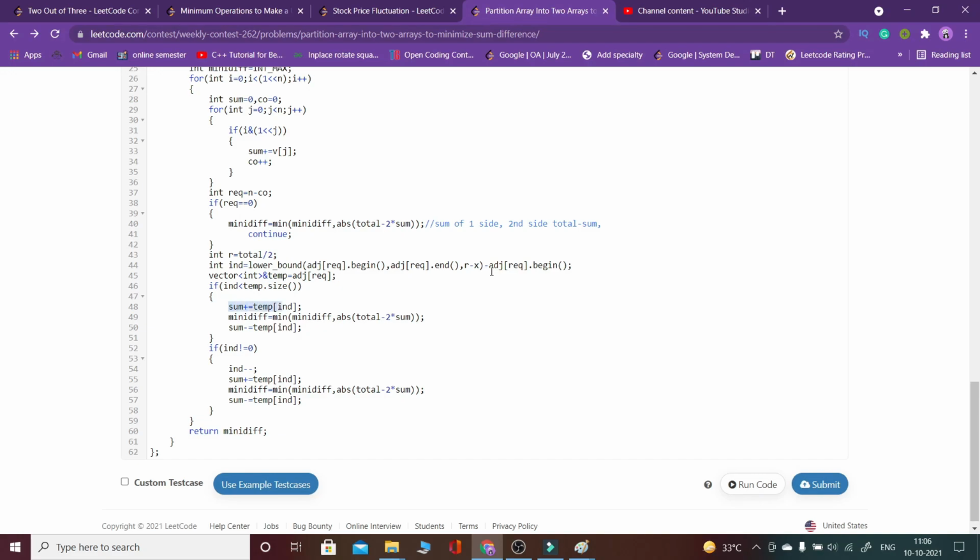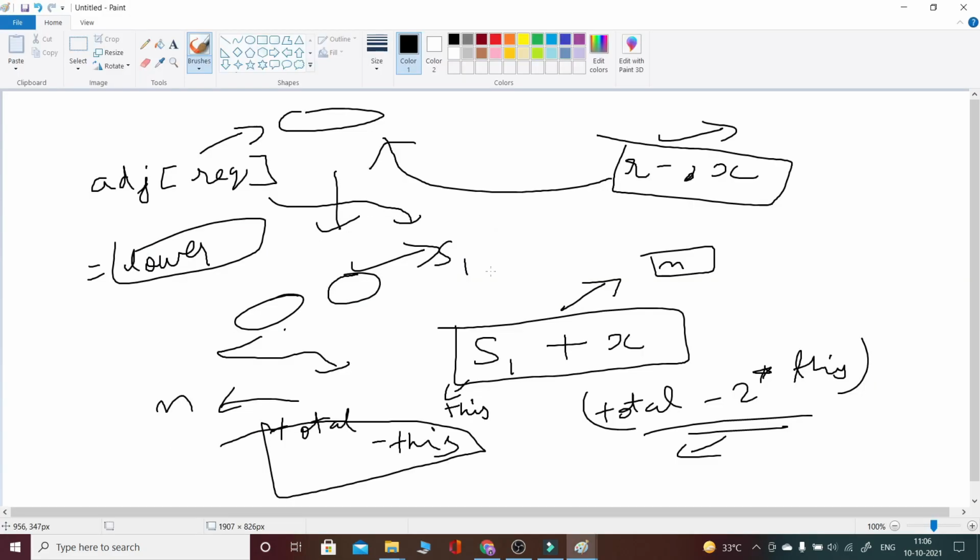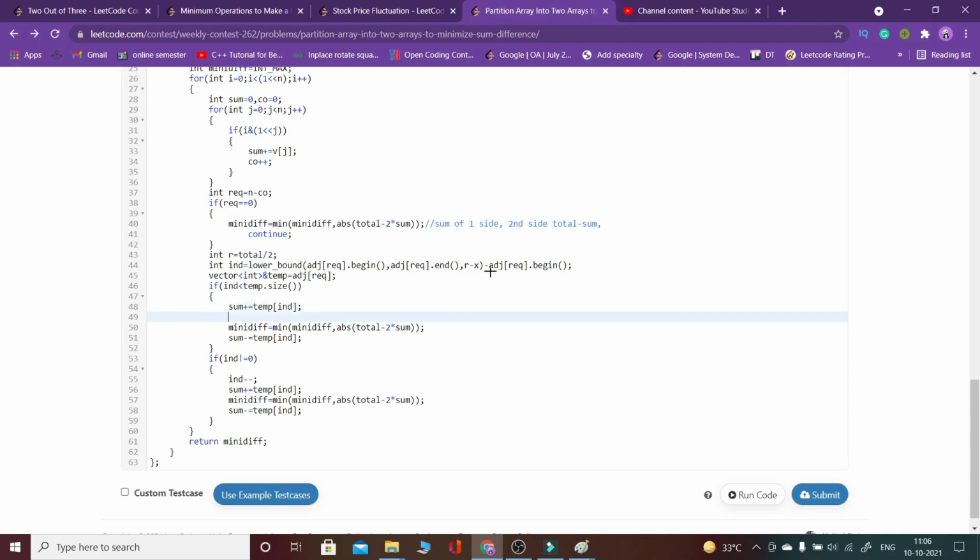So I add the sum to the temp vector, and as I told here, s1 plus x. So what would our s1 be? Our s1 would be equal to temp of that index, the subset sum for that particular size, and it would be the most optimal.